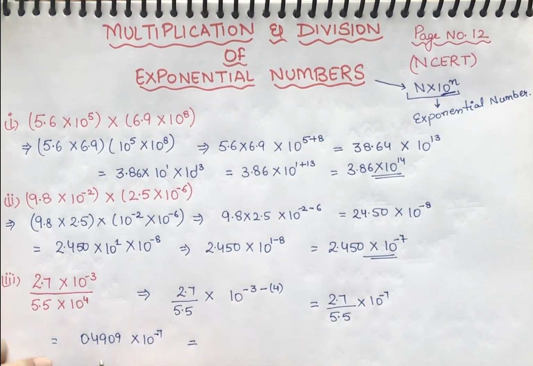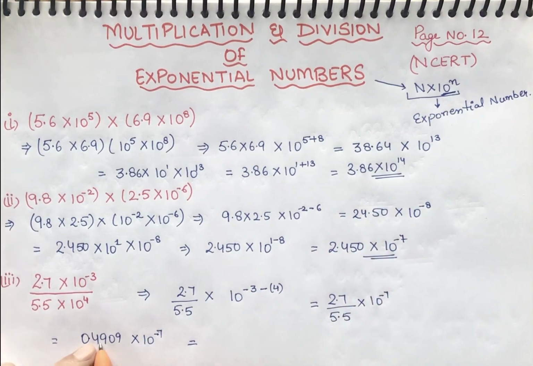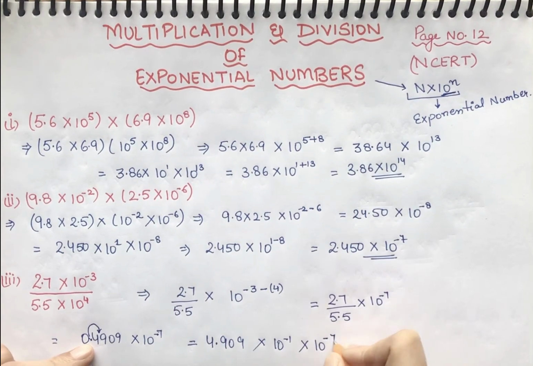Now there is a basic rule of scientific notation: there should be one non-zero digit before the decimal. I'll simply shift this decimal to this place. It will be 4.909 into, since I am moving the decimal from left to right, 10 raised to power minus 1 into 10 raised to power minus 7.